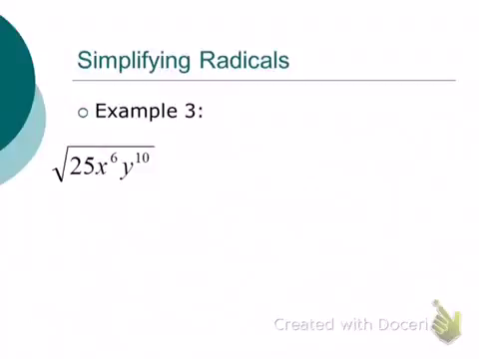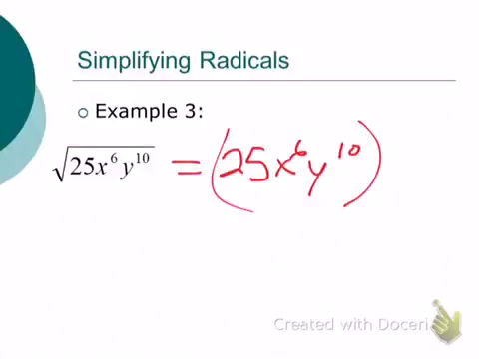What is the square root of 25x to the 6th, y to the 10th? How would I write this in exponent form instead of radical form? Does anybody remember exponent form for square roots? It's 25x to the 6th, y to the 10th, raised to the 1/2 power.